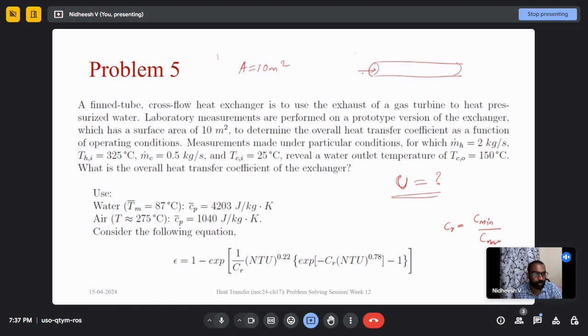Water is coming in at 25, it is the same, right?